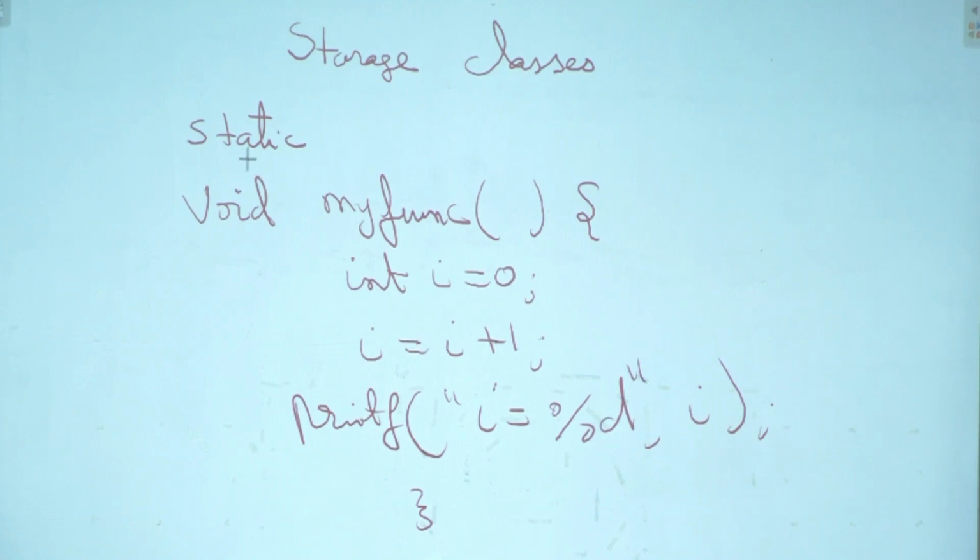Now, this is my function. I think it's pretty easy to understand. It's one of the most trivial functions you'll ever write. Void myfunc, no parameters. I create a local variable int i equal to 0, i equal to i plus 1, and I say printf i equal to %d. Then imagine I have a main.